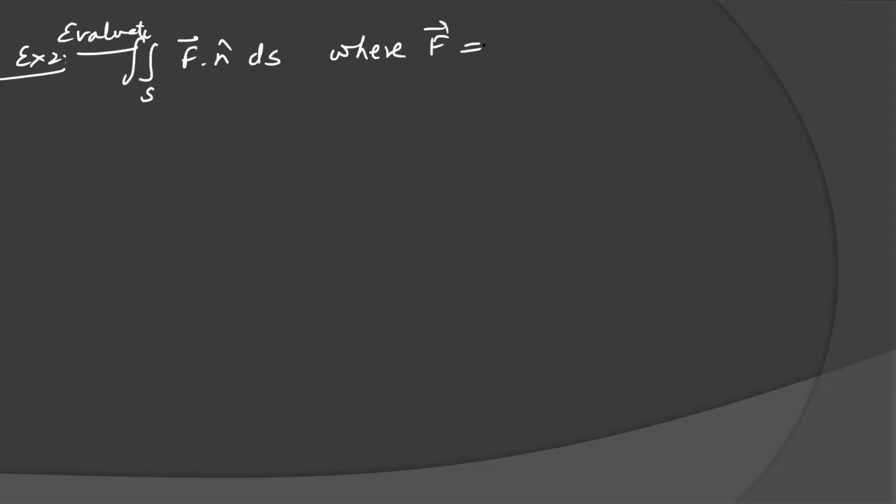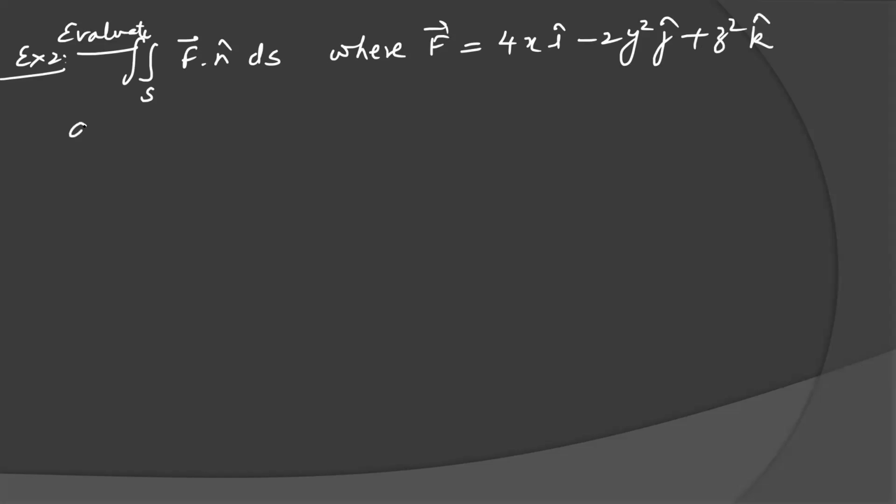Next, example 2. Evaluate the surface integral F dot n cap dS. Evaluate means verification is not needed here. You can apply the Gauss divergence theorem directly, where F vector is 4x i minus 2y square j plus z square k.